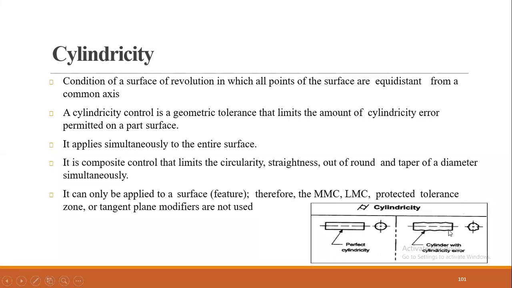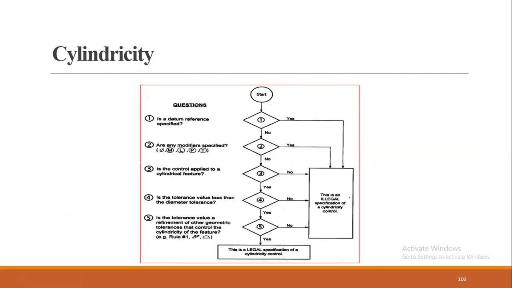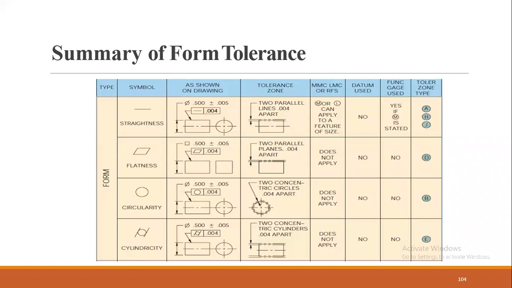But if you get some defects on this cylinder, an up and down profile, it is not acceptable. If you see this cross section, it's a perfect circle, and if you see this second image, you will get an error. So these come under your form tolerances.